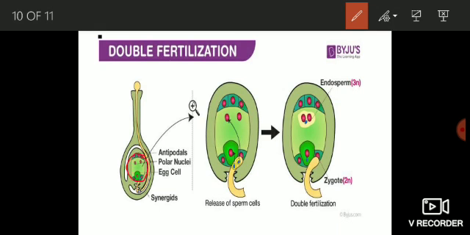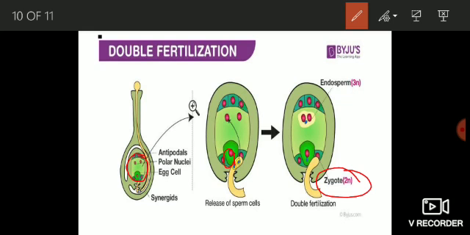One of the male gametes fuses with the egg here, and this results in the formation of a 2n diploid zygote, because both the male gamete and the female gamete, the egg, are haploid, and once they fuse they result in the formation of a zygote, which is diploid.